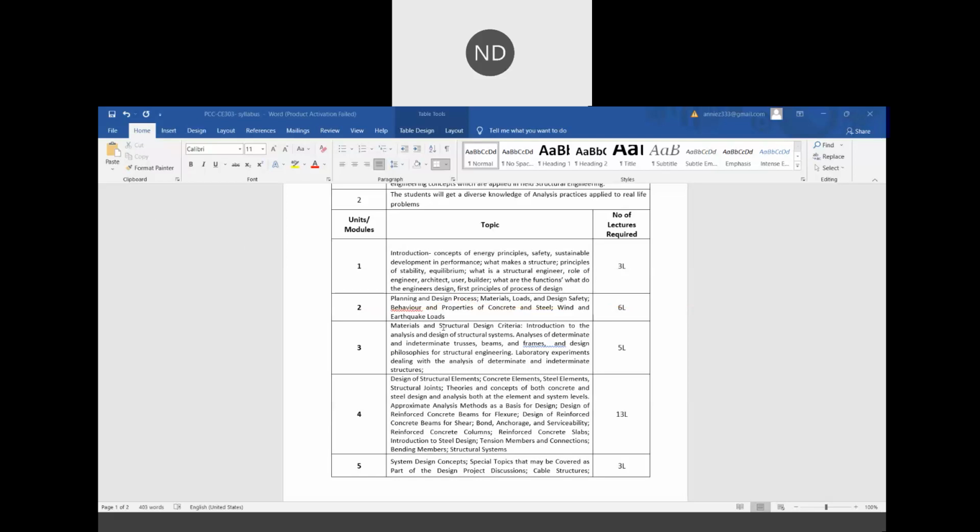That means it is a study of the analysis and design of structural members or different structures.